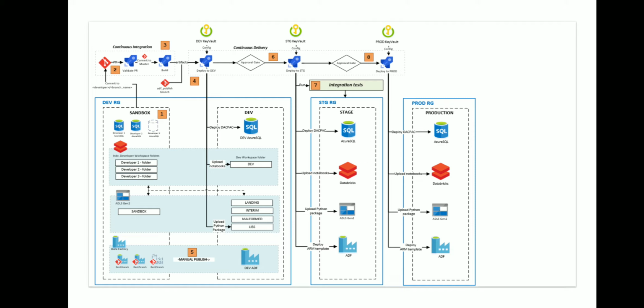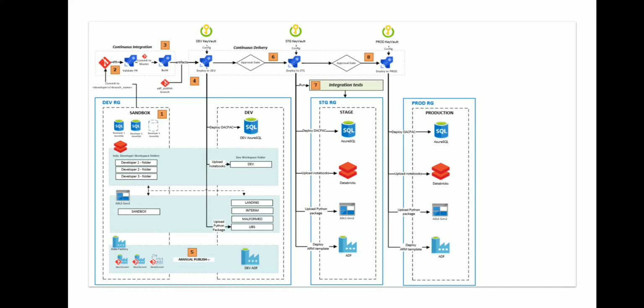Okay, so for instance, your developer develops some code or some sort of change in its own sandbox environment within dev resource group, and commits those changes into his own git branch. Okay, and you can name your git branch as developer name or branch name.